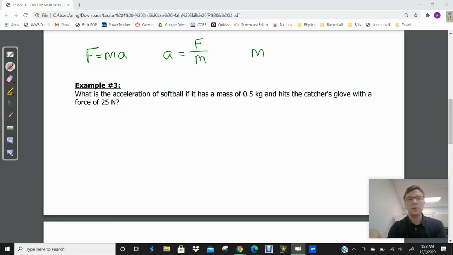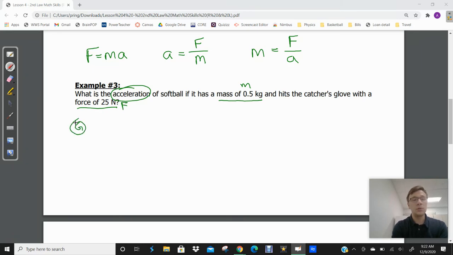And mass is equal to force divided by acceleration. Okay, so it says, what is the acceleration of a softball if it has a mass of 0.5 kilograms and hits a catcher's glove with a force of 25 newtons.